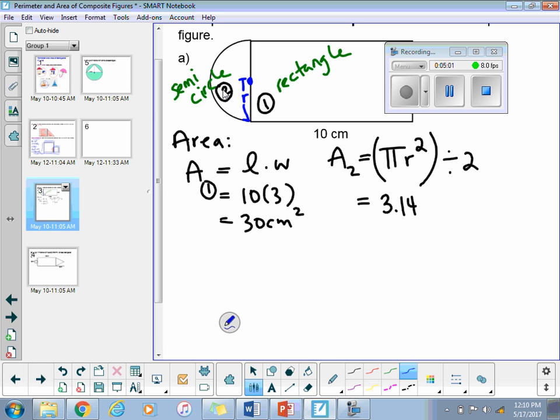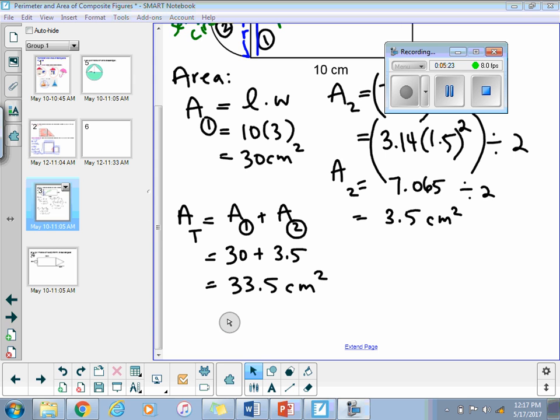And since we know from the other side that the diagonal here is 3, that tells us that r is going to be 1.5 squared, and then all of that divided by 2.